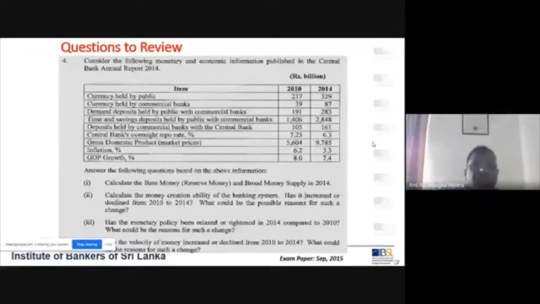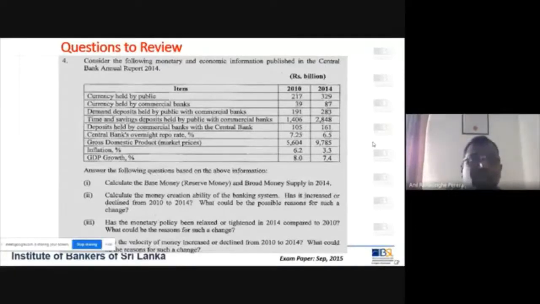Now, this one from the 2015 paper, September, we are given monetary numbers or economic numbers extracted from the central bank annual report. And we have to answer certain questions based on the information given here.